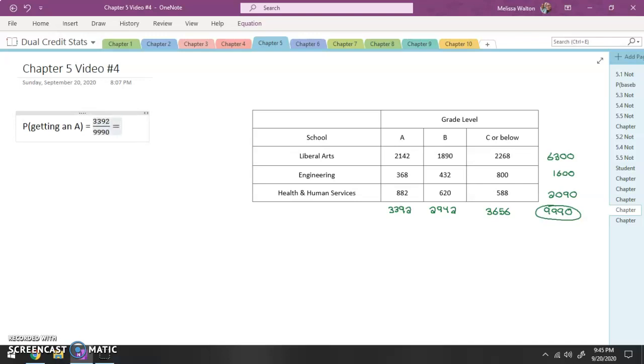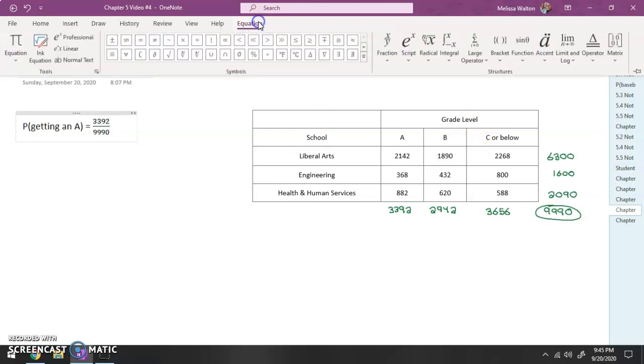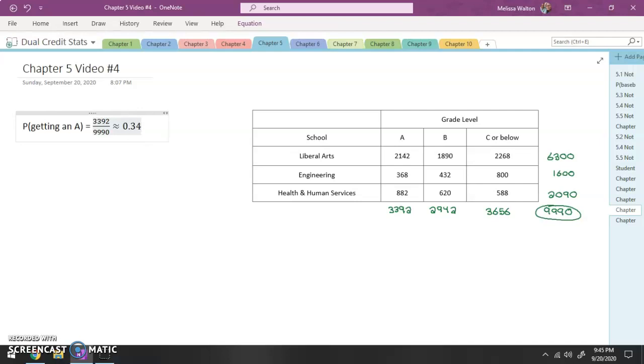If I divide those, 3,392 divided by 9,990, that is right around 34%. That is rounded, so whenever something is an estimation, this is the symbol for that. It ends up being like 0.3395. I'm just going to round it to 34%.